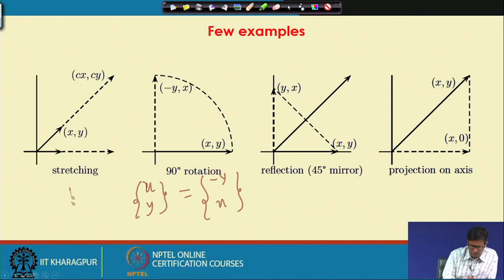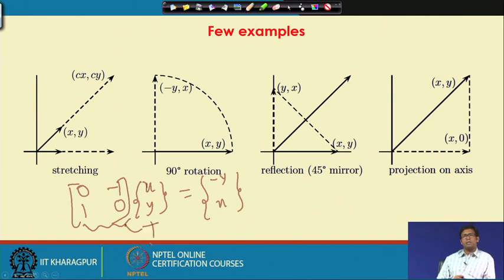This is obtained by multiplying it with the matrix 0, minus 1 and 1, 0. This is the T matrix, which when operated on x y will give the minus y x vector, and this is linear because we can take two vectors and check that the rules of linear operation hold in all these cases.